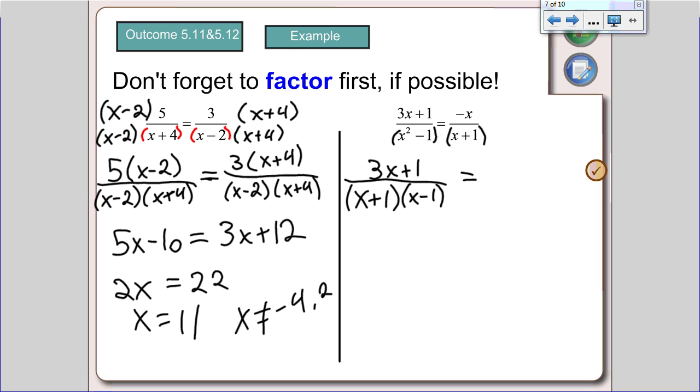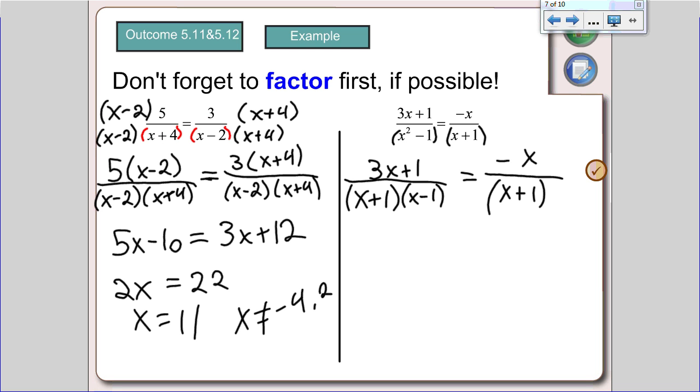And the reason it works out so nicely to factor is, what would your common denominator be now? X plus 1 times x minus 1. The first one already has your common denominator, so you don't have to change it at all. You just have to change the one on the right.